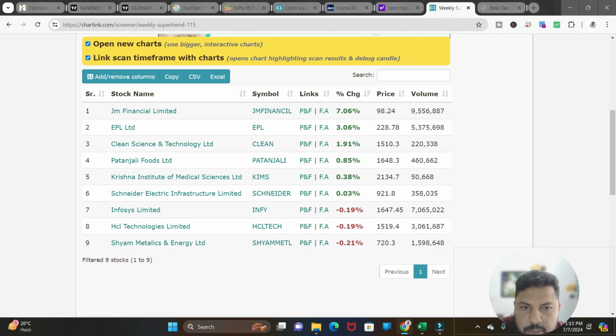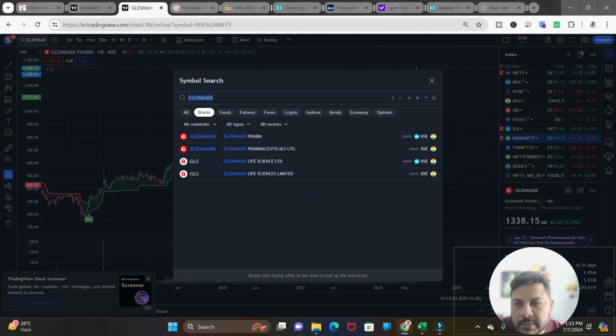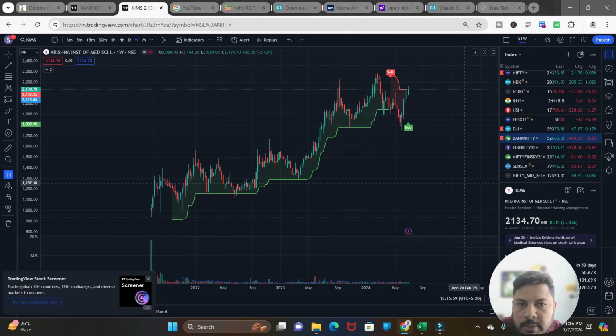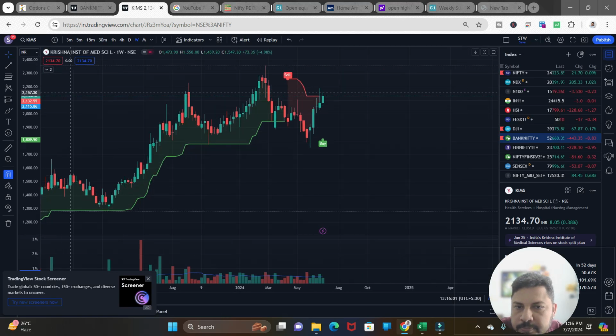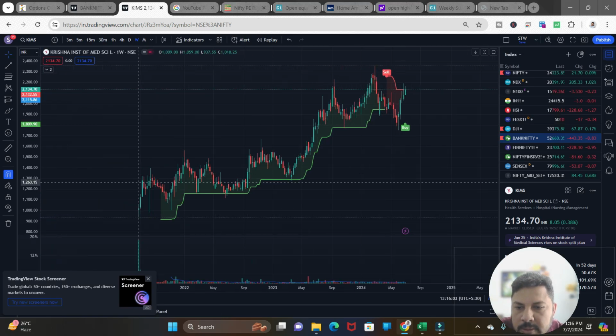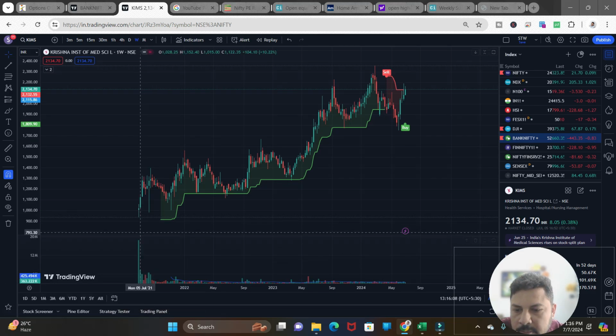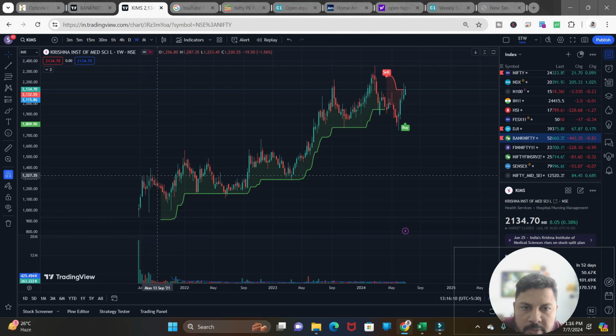So let's try and see one more stock, which is KIMS. Let's look at the KIMS chart for understanding. Okay, so this is your KIMS chart. It was listed around June 2021.